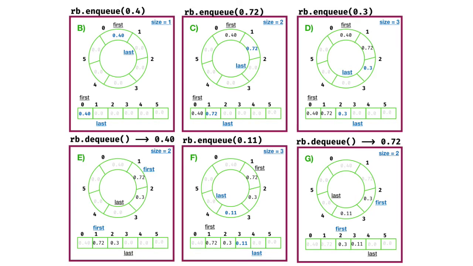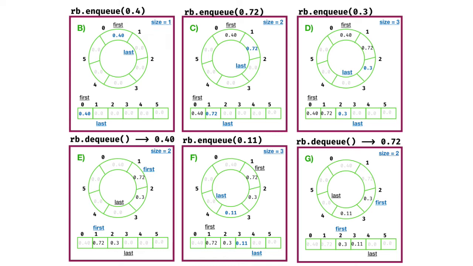First, we start in the upper left, and we're going to go left to right and top to down. First, we go from the initial ring buffer that was empty, and we enqueue a new value, 0.4. All the changes are the things that are in blue up there. The first cell of the array, its value is going to be replaced from 0.0 to 0.4.